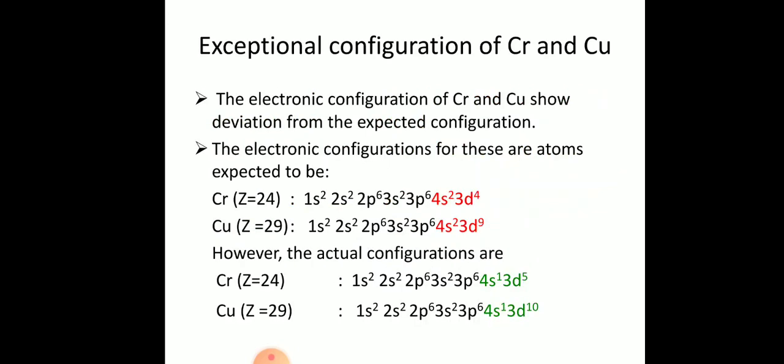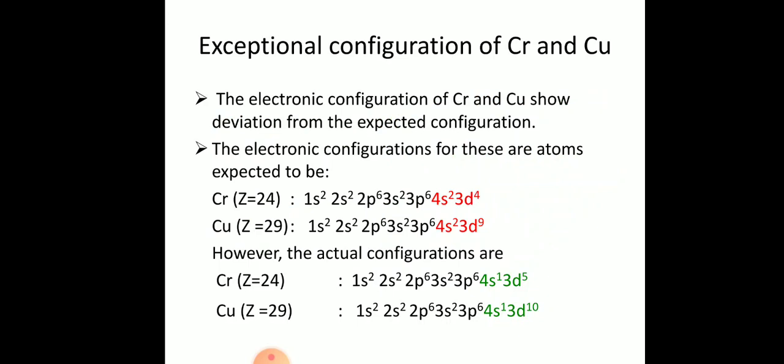So if you see this electronic configuration, it is 4s2, 3d4. The maximum capacity of the d orbital is 10. If it has 5 electrons, it will be stable, and if it has 10 electrons, it will be more stable.